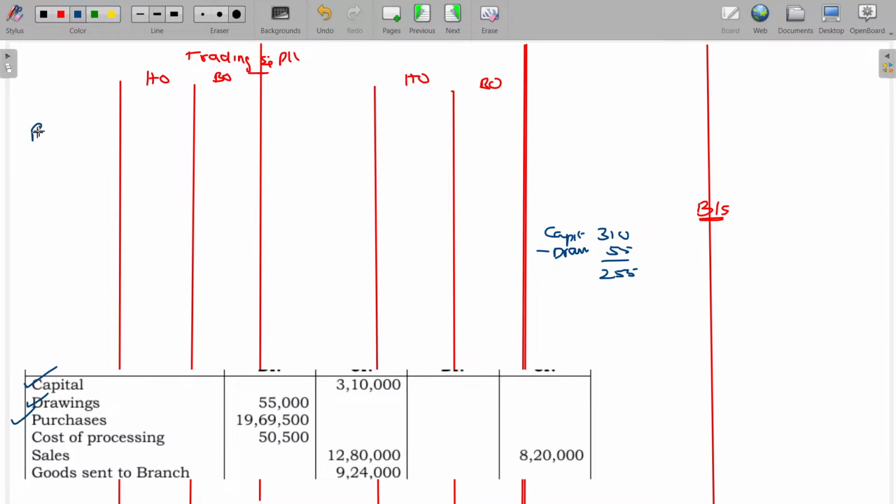Purchases, debit of the trading account, 19,69,500. Cost of processing, direct cost, 5,500.